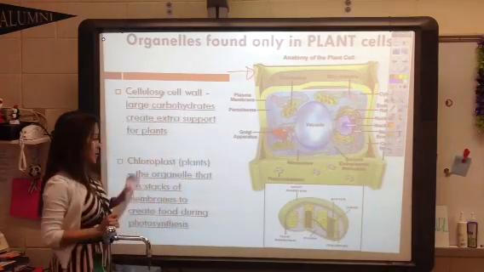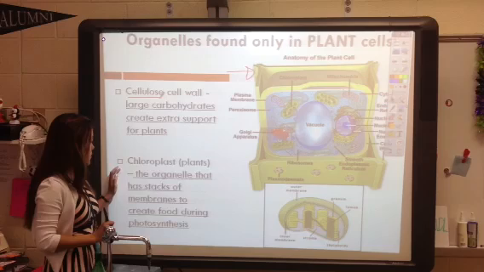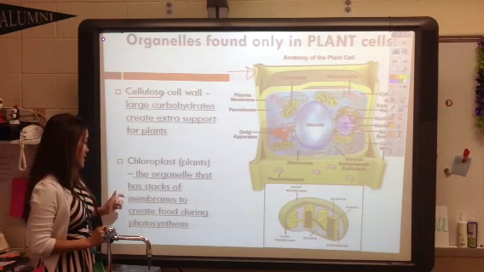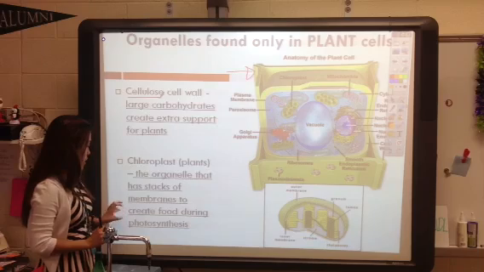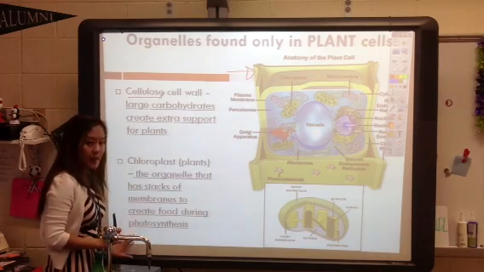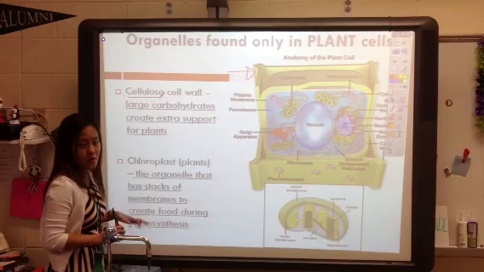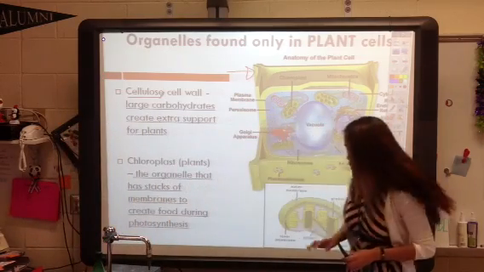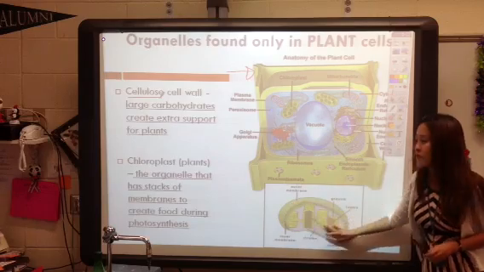And then the second organelle that only plants have is the chloroplast. The chloroplast is the organelle that has stacks of membranes in it that helps to create food during photosynthesis. And so remember, plants have to be able to make their own food. That's one of their very unique characteristics. And you actually have a picture right here of that chloroplast.